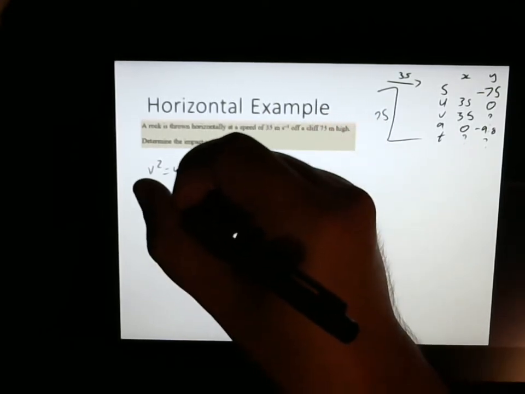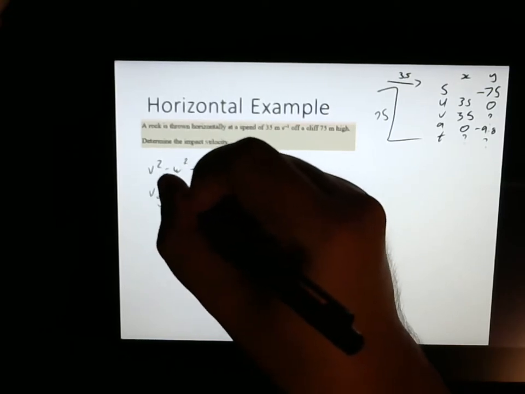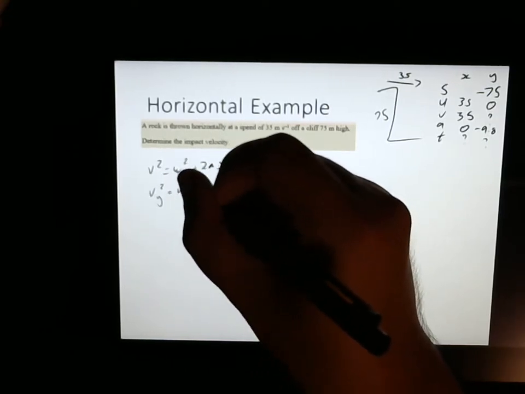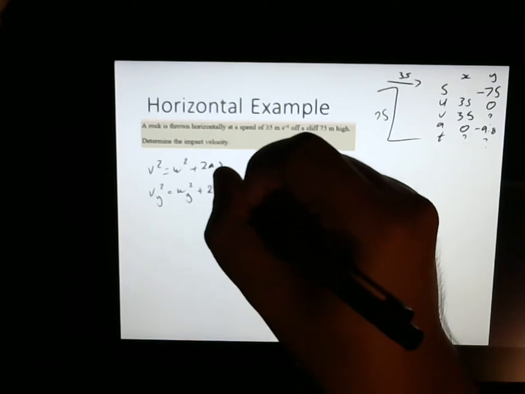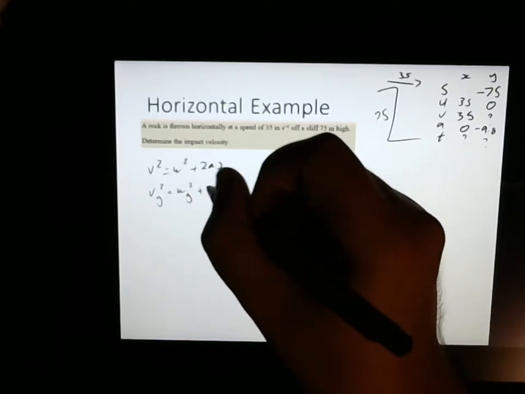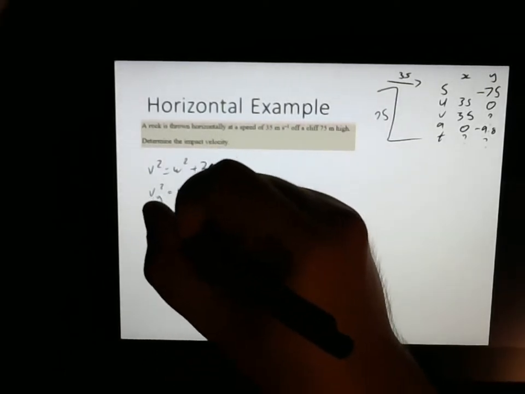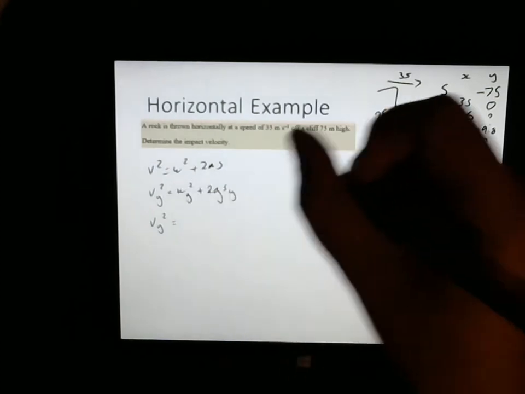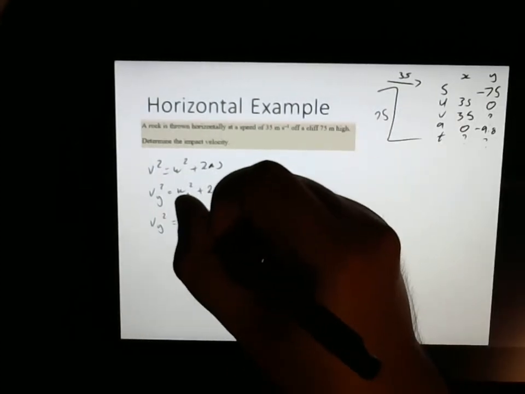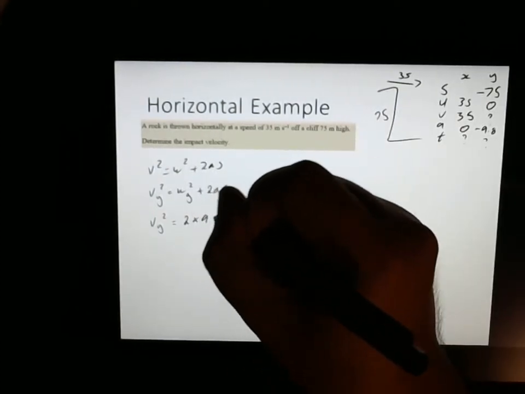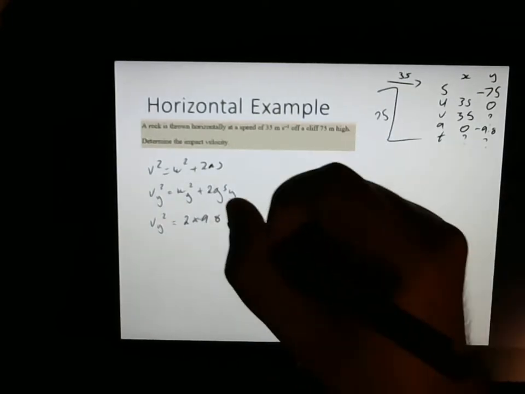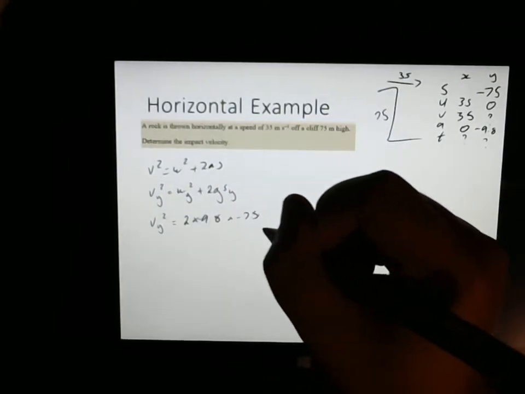The text changes this to Vy squared equals Uy squared plus 2gSy, and I think they even swapped this around. Again, a bit ridiculous. Let's do our substitutions. Vy squared equals, well, U is 0, so that's going to go away. 2 times negative 9.8 times negative 75.